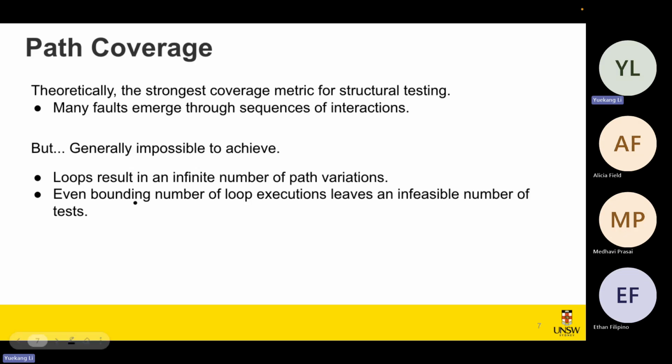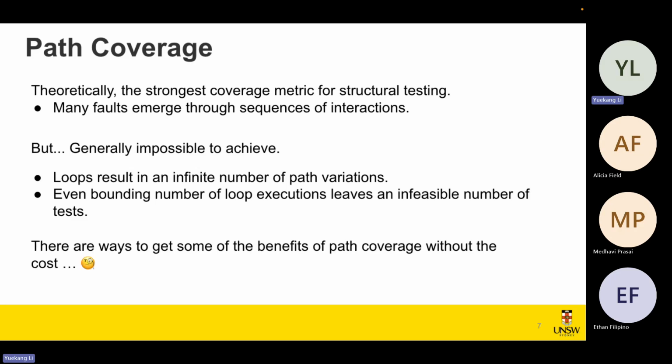Although it is not infinite, it is still very large because of the branches. Every time we get into the loop, if there's a branch, the number of paths doubles.